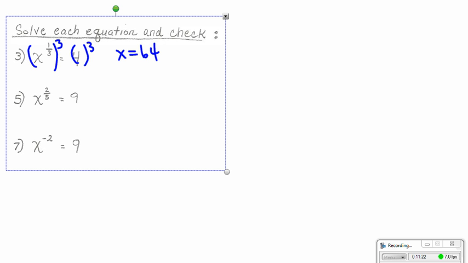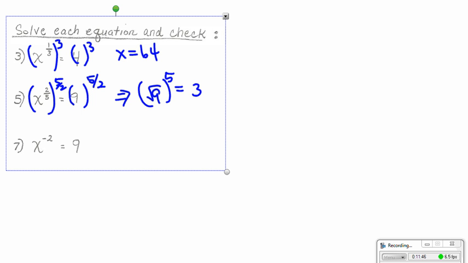Here, we have to raise this one by 5 over 2. To illustrate that, this is the square root of 9 to the 5th power. That's another way of looking at it. Then this becomes 3 to the 5th power.